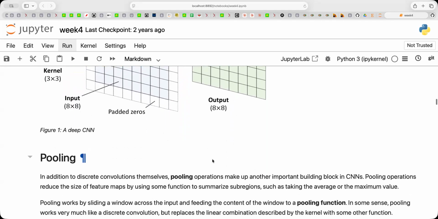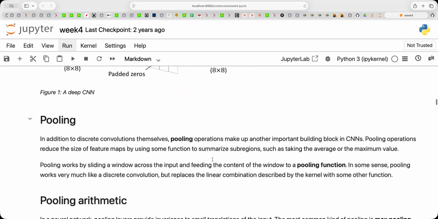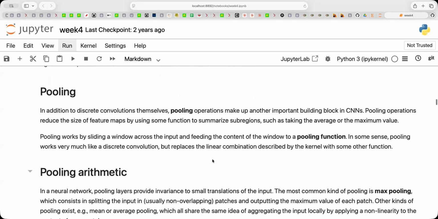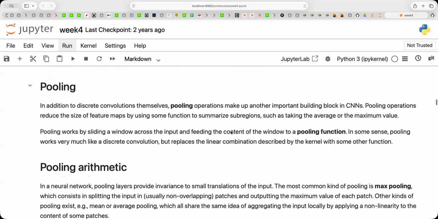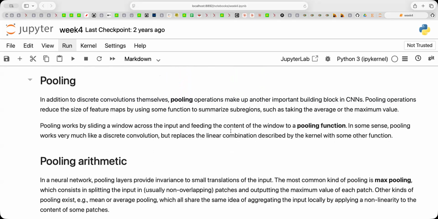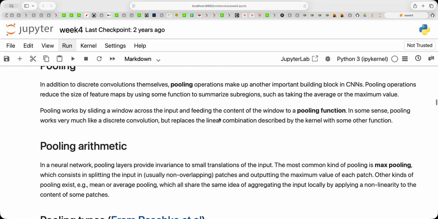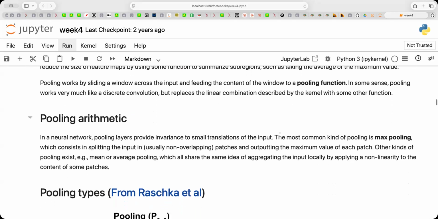The other parameter I wanted to discuss a little bit is the so-called pooling. Pooling operations make up another important building block in CNNs, and they reduce the size of a feature map by using some function to summarize subregions. One of the standard pooling operations is called max pooling. This is a way to reduce the dimensionality.